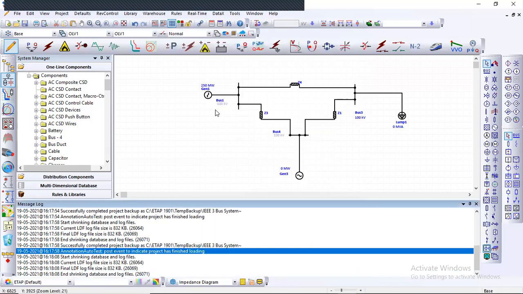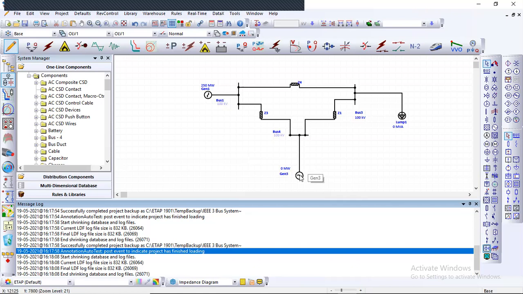And after that, the most important and beautiful aspect of this software is that if you place the kV rating in one of the components, the whole design would accept 100 kV as the operating level. So this is the beauty of the 19th version of ETAP.